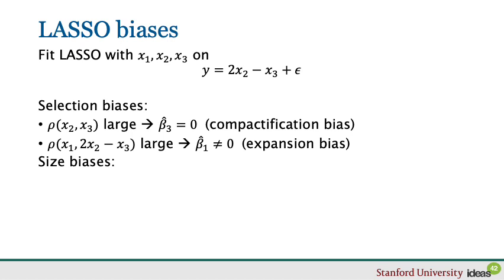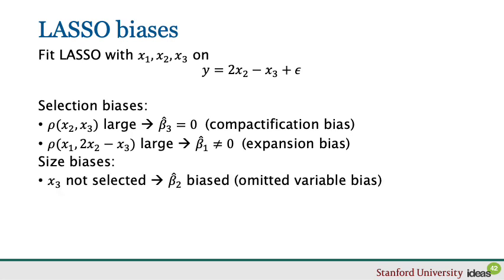Beyond what is included, there can also be biases in size. So assume x3 is not selected. That doesn't mean that the variable x2 is correctly represented. Specifically, by excluding x3, the lasso will also bias the coefficient on x2 through omitted variable bias. So we are aware that there can be biases in linear regression when we omit certain variables.